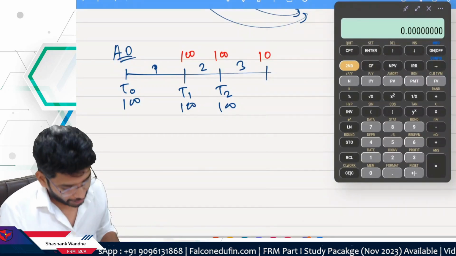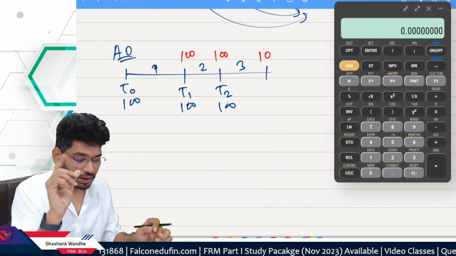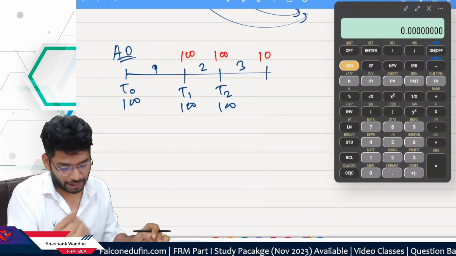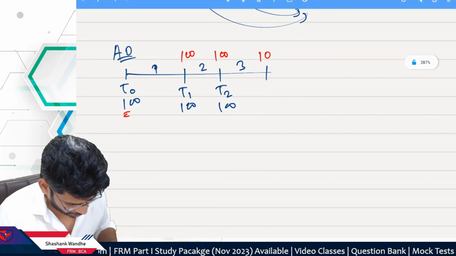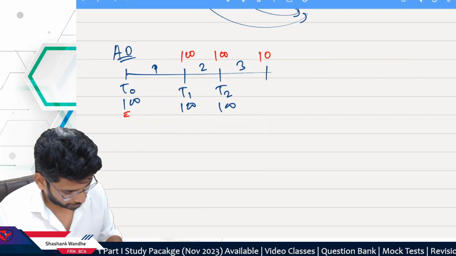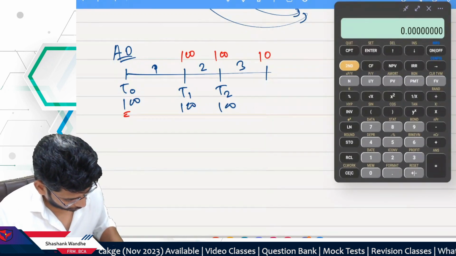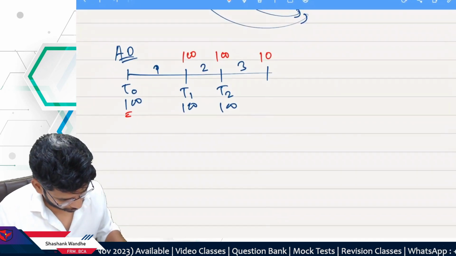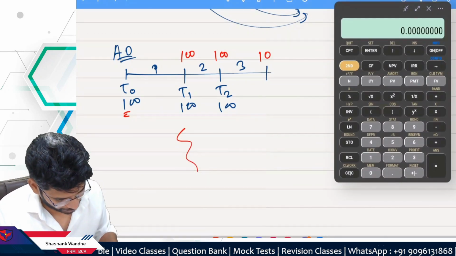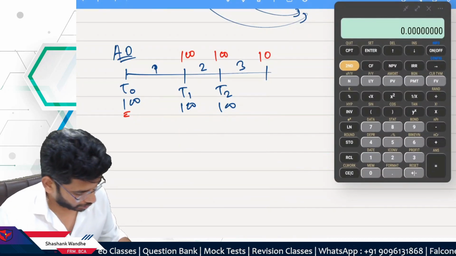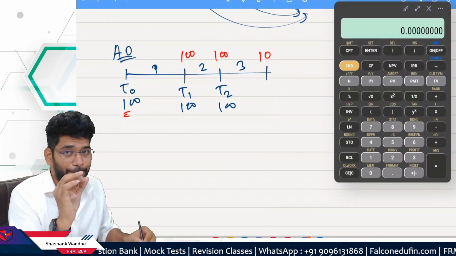First approach is go by the present mode, don't change the calculator's mode and use it like this only. So here, if we do the calculation, assuming the normal mode of the calculator and assuming the T0 cash flow, then in that particular case, we will first calculate the present value.